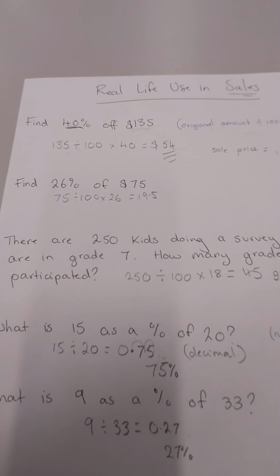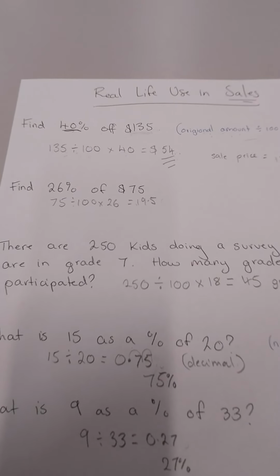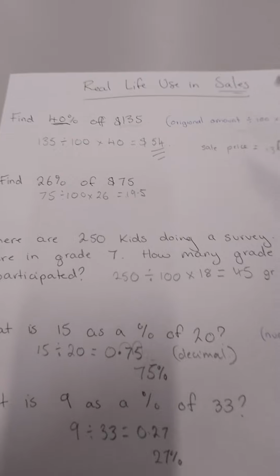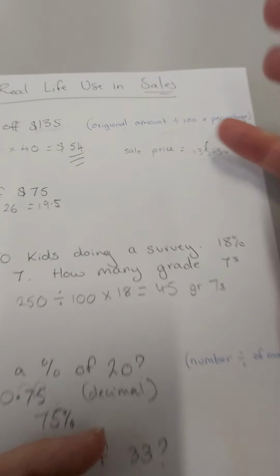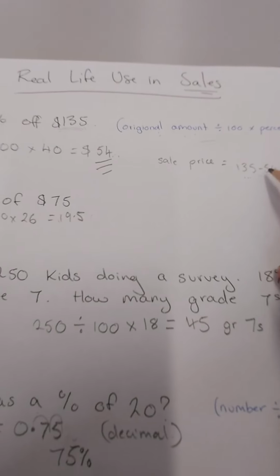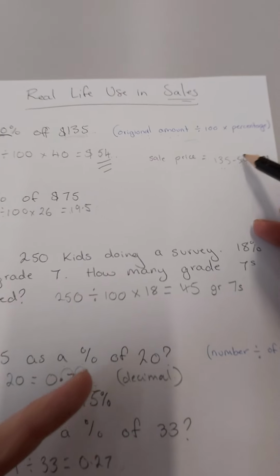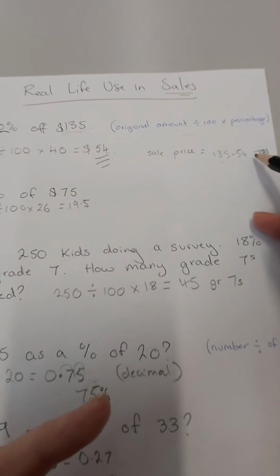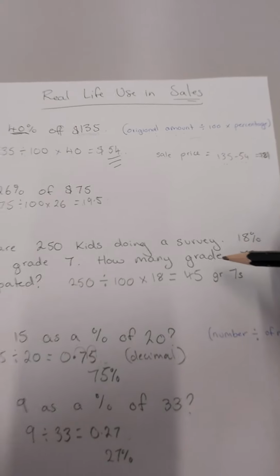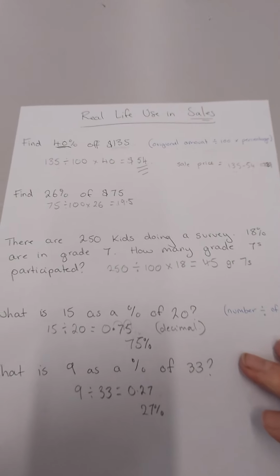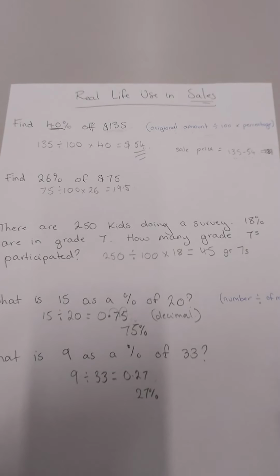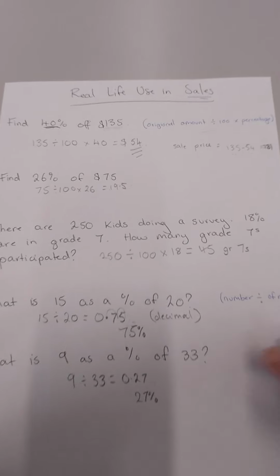So if I want to know how much I'm paying for those jeans, I need to get the sale price, which was 135, minus the 40%, which we decided was 54, okay, and that equals $81. So that's how much the jeans cost. Can I afford them? Remember, I had $90. Yeah, I can. Cool bananas.